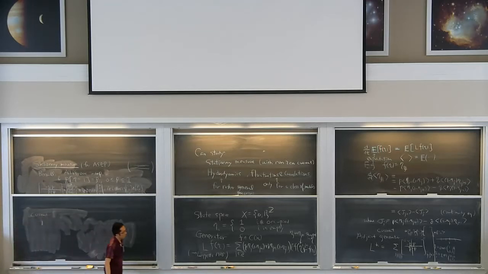So for the general case, the definition of the current is given here. But now we specify the measure. So we can just try to calculate this average current for this particular measure. Right? What is that?